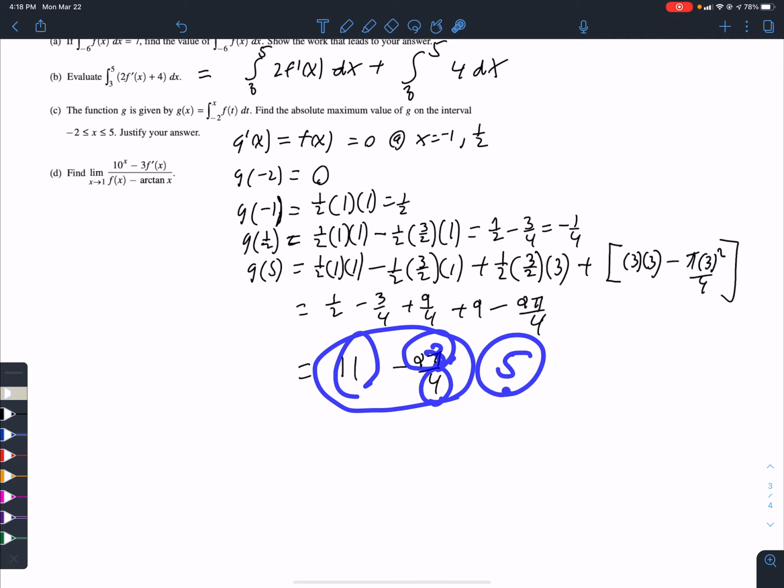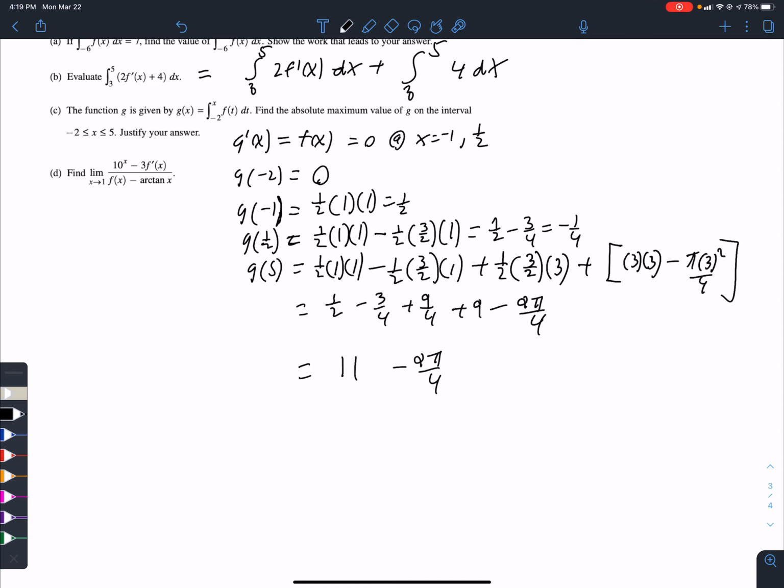So that's going to be bigger than anything else. So we would say G has a maximum of 11 minus 9 pi over 4 on the interval from -2 to 5.